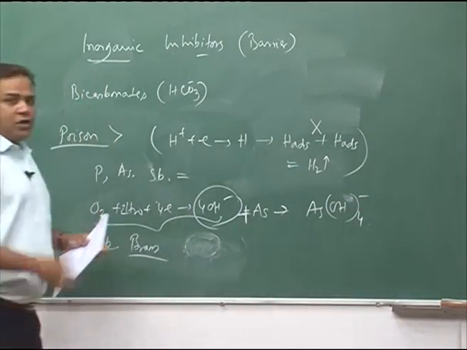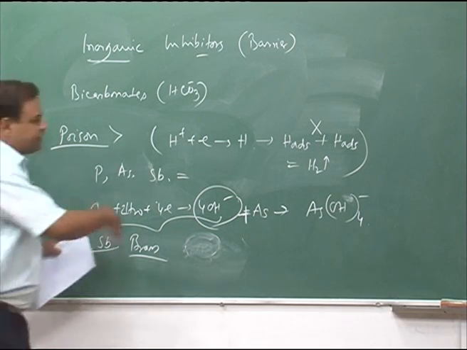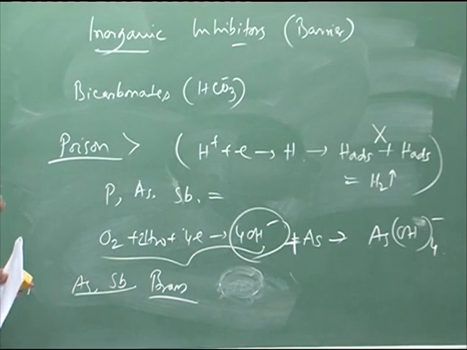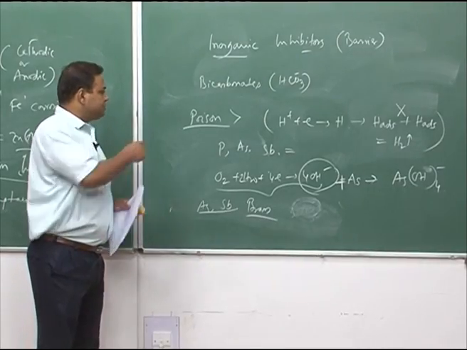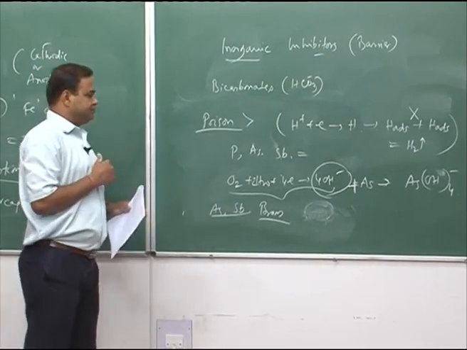This phase would deposit on the active cathodic sites, because the copper is redepositing back. So on the copper surface, this phase would deposit, and further copper deposition will not be allowed. That way it prevents dezincification. This is the nature of the poison, which poisons that particular reaction.